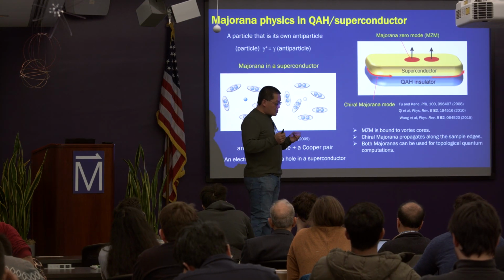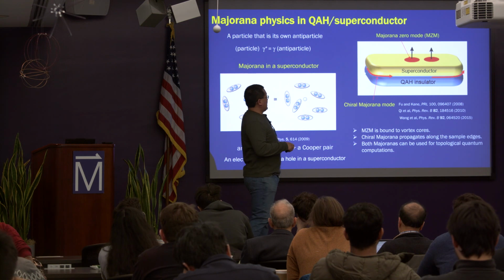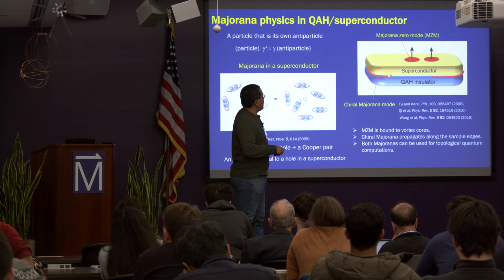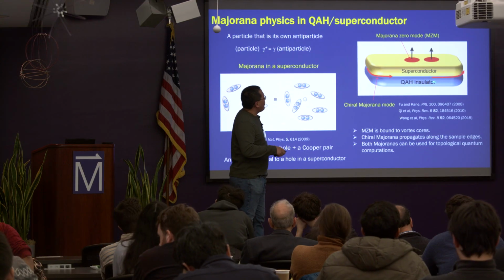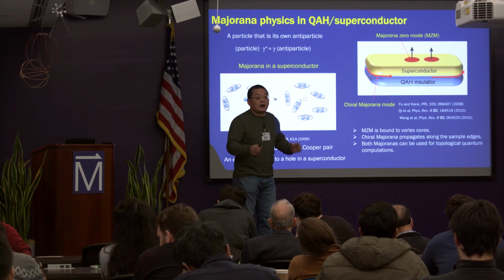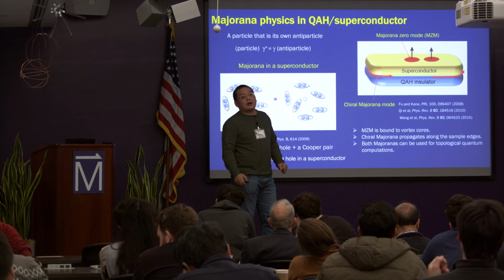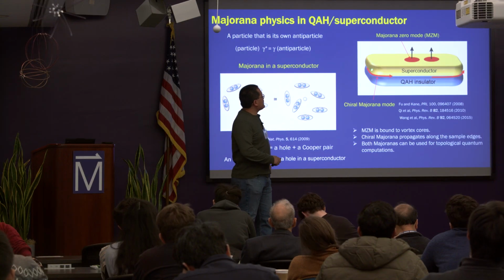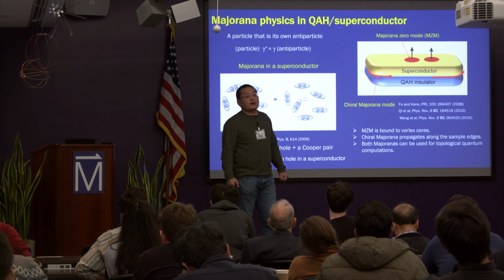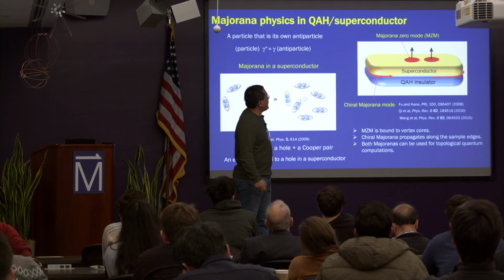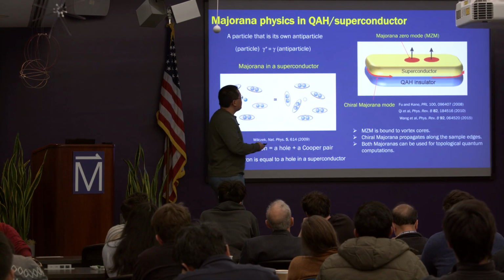And in quantum anomalous Hall and superconductors, there is another unique kind of Majorana, which we call chiral Majorana. This chiral Majorana can propagate along the 1D edge of the samples, and it can only be realized in the quantum anomalous Hall and superconductor heterostructures.